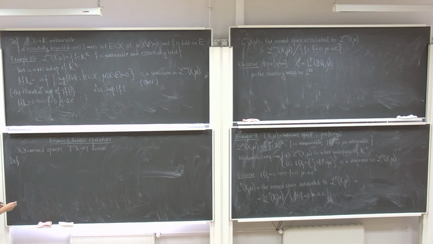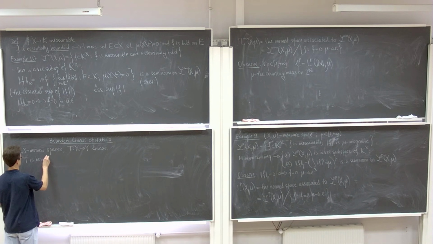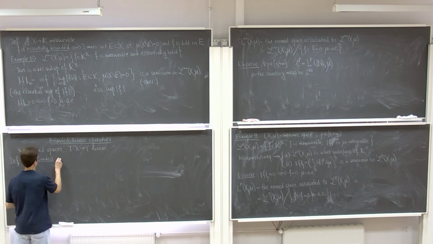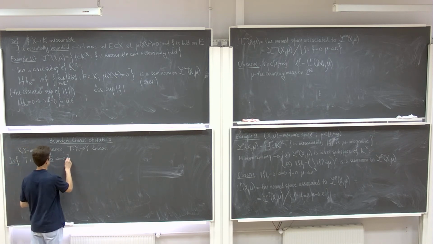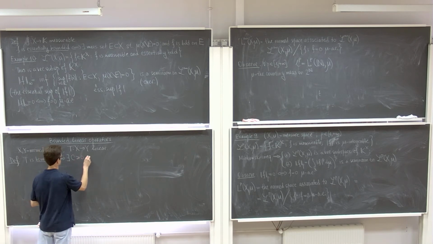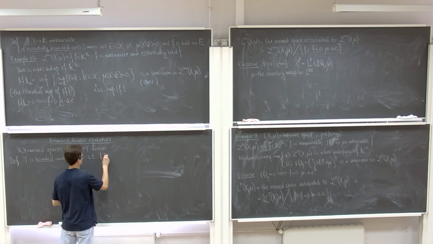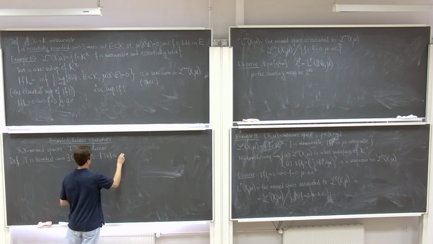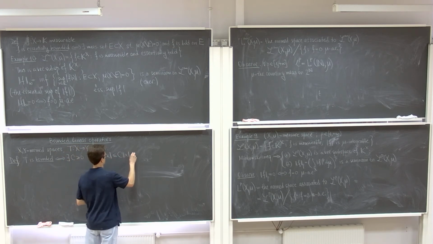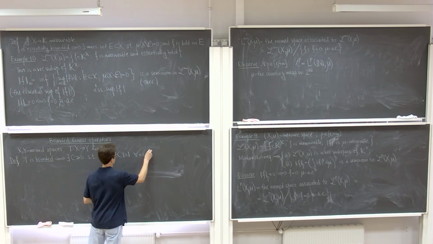We say that T is bounded if there exists a non-negative constant C such that the following inequality holds for each element in X.